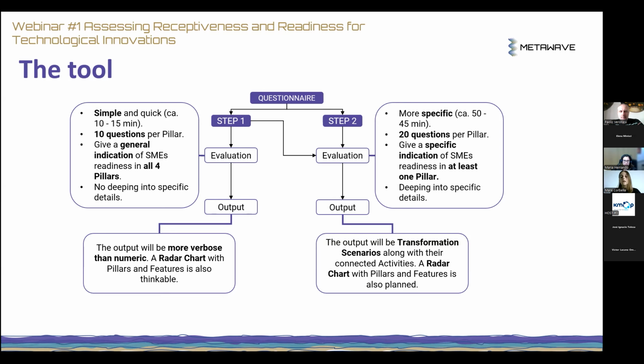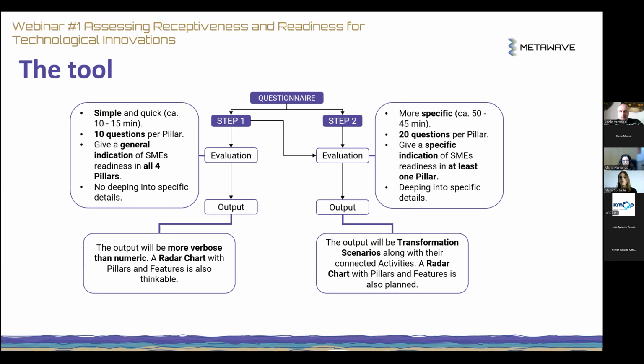After that, the company can choose to go to step 2, the second part of the evaluation, for which the company is able to choose among the pillars. If a company is not related to production, probably the user will not choose the pillar related to digital manufacturing.